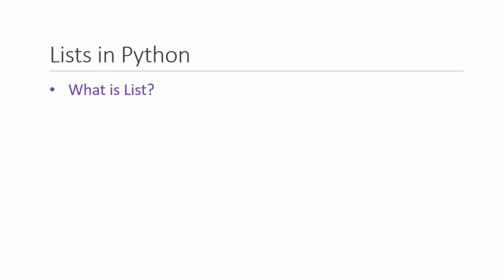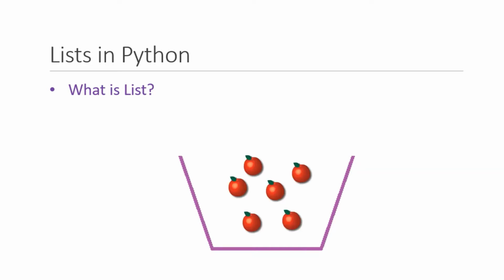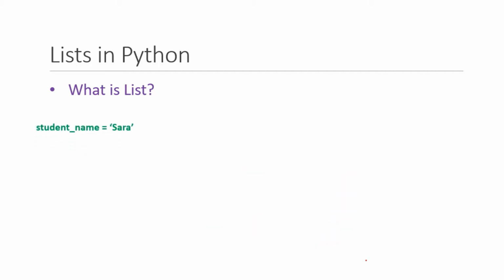In Python, you can say that a list is just like a container that can contain multiple values in it. Or you can also say that it is just like a variable, but it can contain multiple values. For example, let's say I have this variable, student name, and it is containing only one value. So it is a single variable. Let's say I have to store 5 student names.